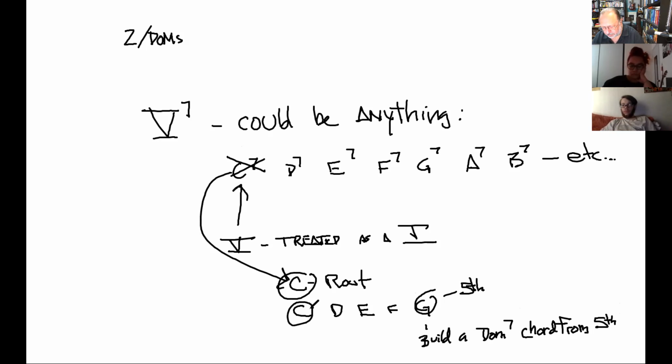And then C is our root, 1, 2, 3, 4, and then 5. Our 5th note is G. So what we want is a G7.